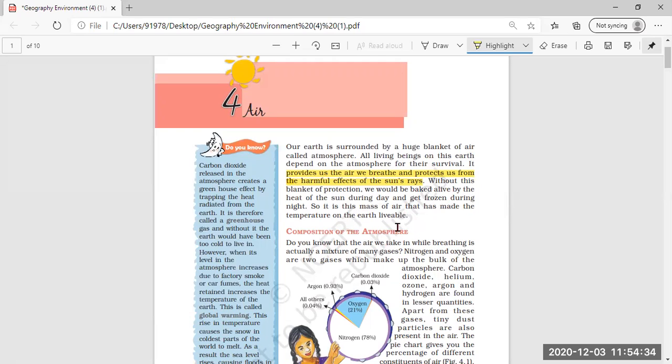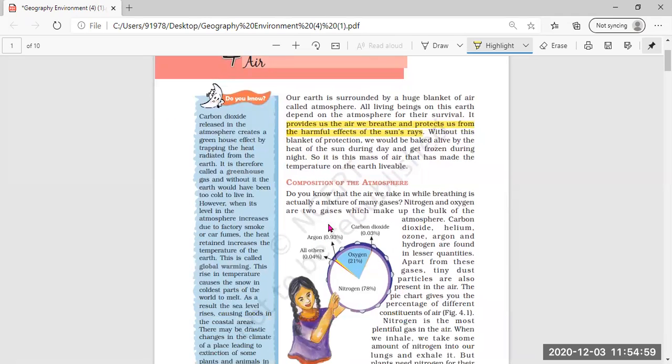It is this mass of air that has made the temperature on the earth livable, so that every living being can live on the earth.